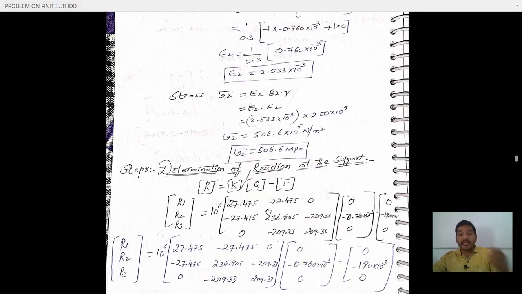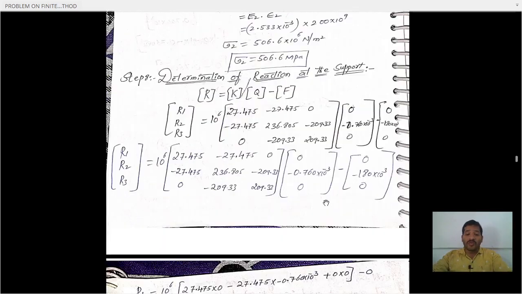So after getting the values of sigma 1, e1, sigma 2, e2, Q1, Q2, Q3, F1, F2, F3, after that we need to find out the reaction at this support. If you want to find out the reaction at this support, we know the formula is R is equal to global stiffness matrix into nodal displacement minus nodal force vector.